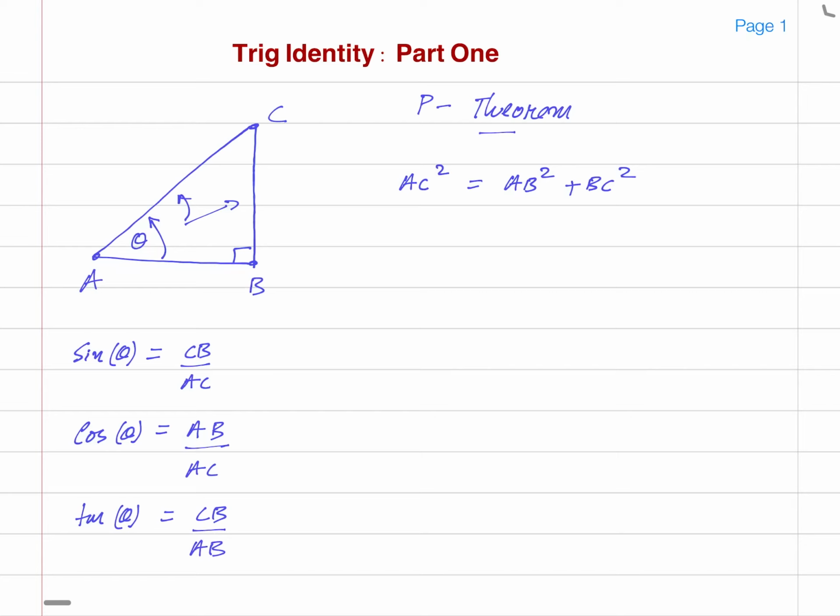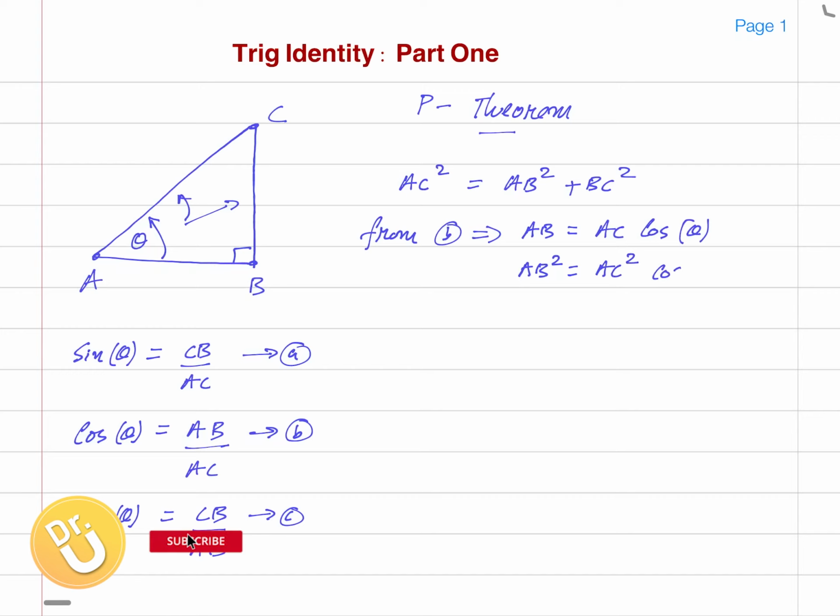Now what I will do, suppose these are equations A, B, and C. So from equation B, I can subject AB, which is AC cosine theta, and obviously AB squared would be AC squared cos squared theta.